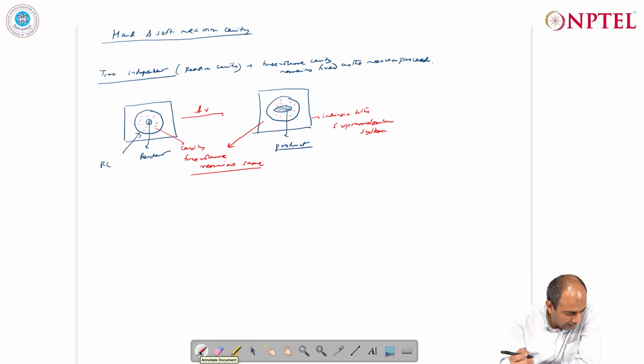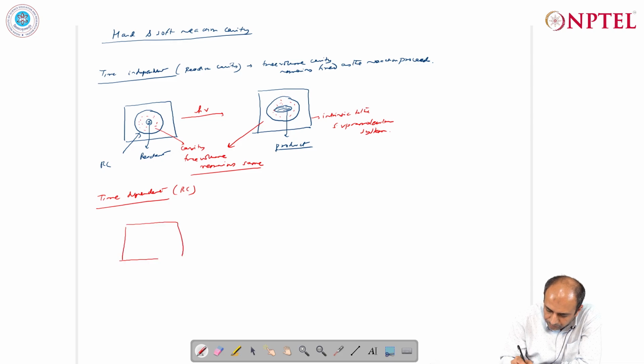whereas in the case of micelles and liquid crystals, we have got a time dependent reaction cavity, where initially, for example, we might have the spherical free volume.